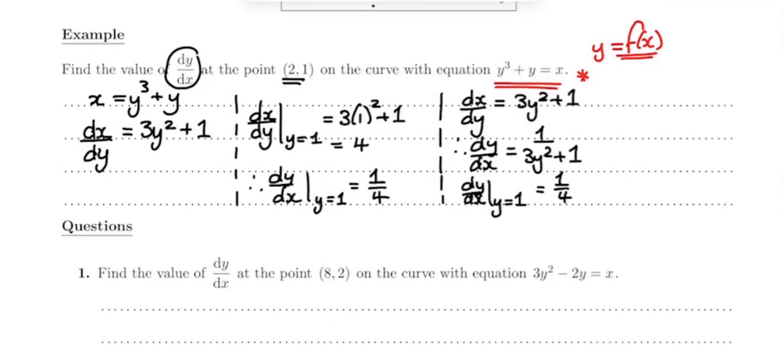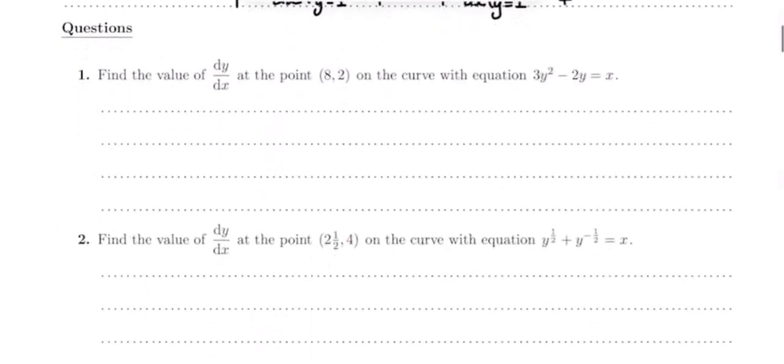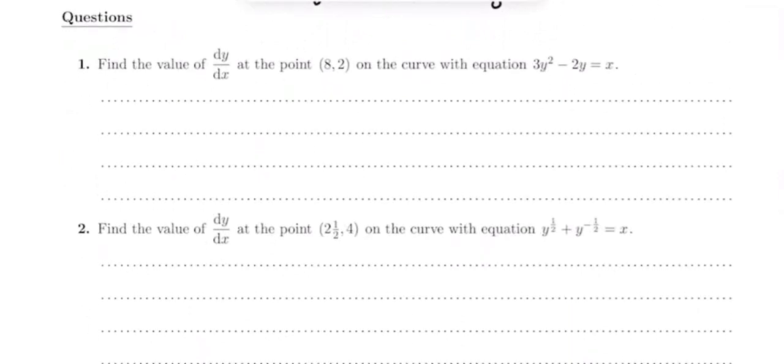I'm just going to have a quick look at the first question here. Find the value of dy/dx at the point 8, 2 on the curve with equation 3y squared minus 2y equals x. The first thing you should notice is this is x equals a function of y.